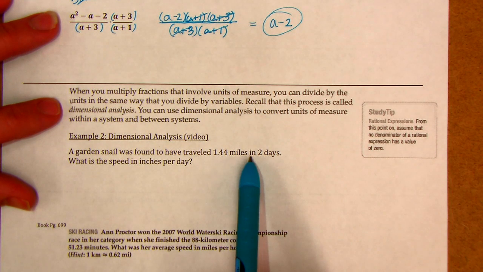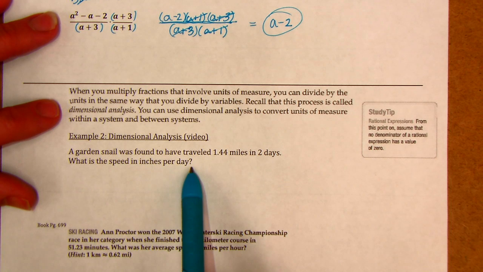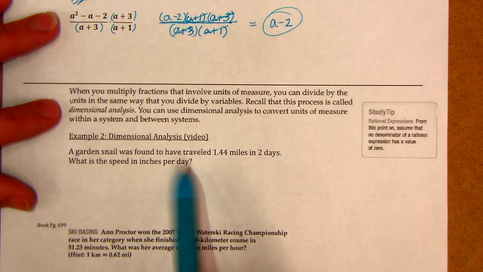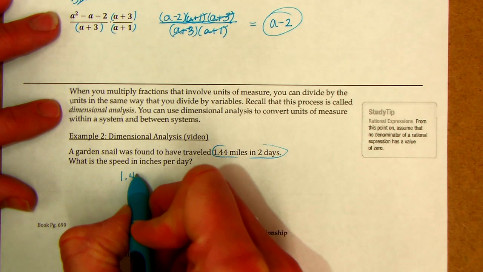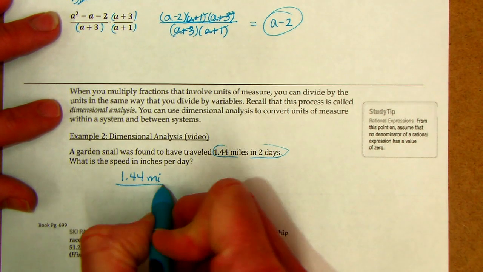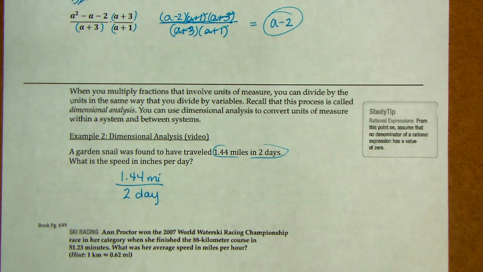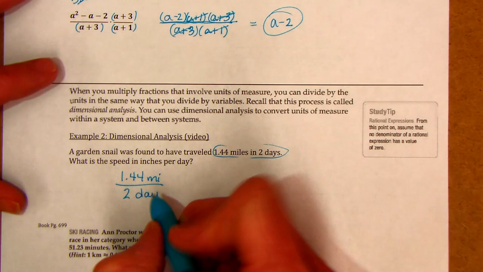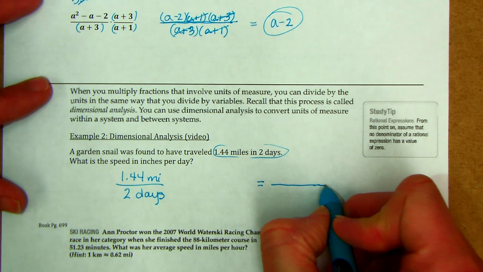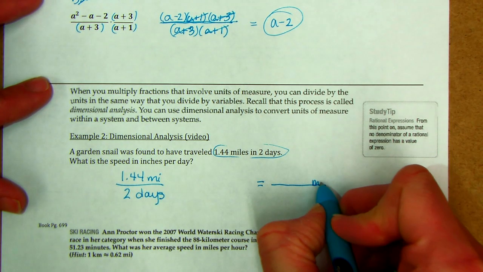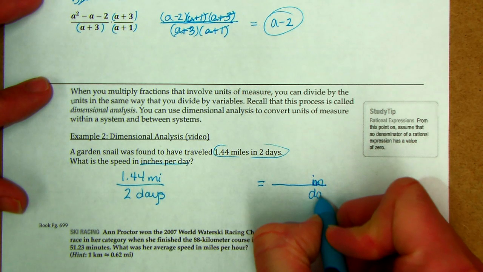Okay, well, I'm going to start with the first one that they give me, which is 1.44 miles in 2 days. So notice I put 1.44 miles over 2 days. I need to change that to how many inches per day. So day is fine. I don't need to change days, but I do need to change miles into inches.